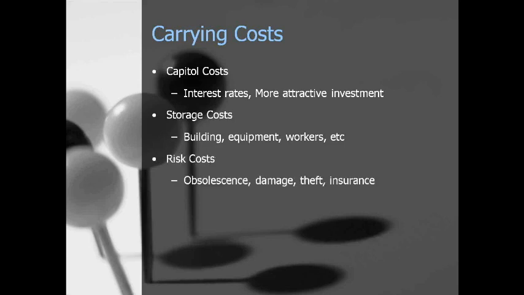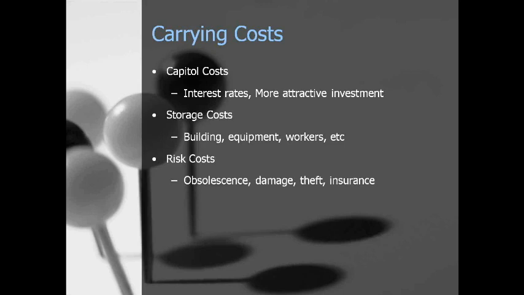Finally, you have risk cost. These costs are broken down into several areas. Obsolescence. If you buy a part and your engineering department designs it out of your product, you've just wasted money.